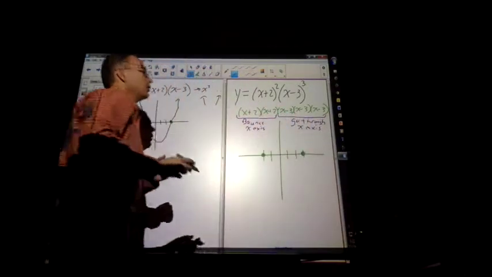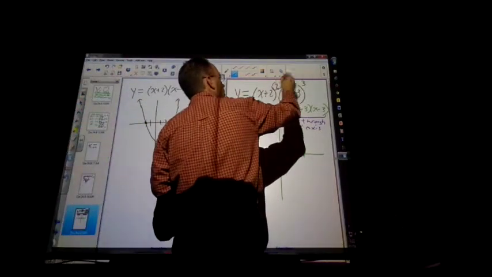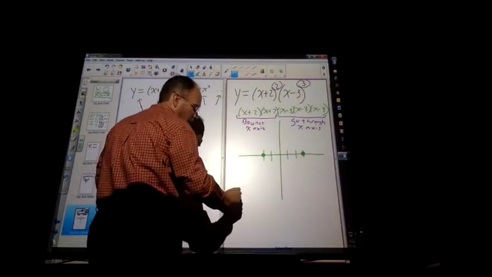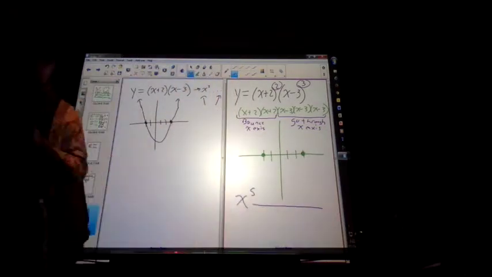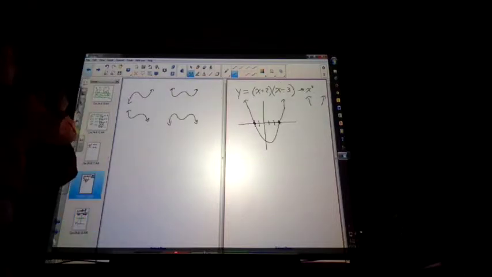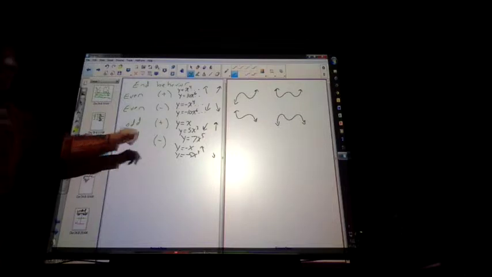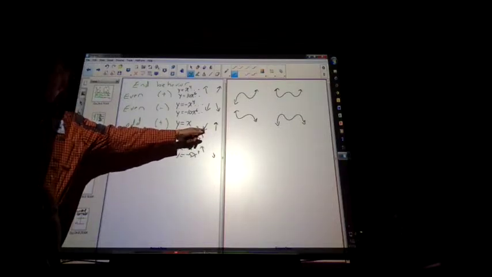So, let's talk about this graph. I had this to the second, this to the third. If I were to FOIL out that big old thing, I'm going to wind up with something x to the 5th with a whole bunch more information. X to the 5th, and the lead coefficient is going to be positive. So if I go back a screen or two, if I had x to the 5th, and this is positive, my ends are doing this.